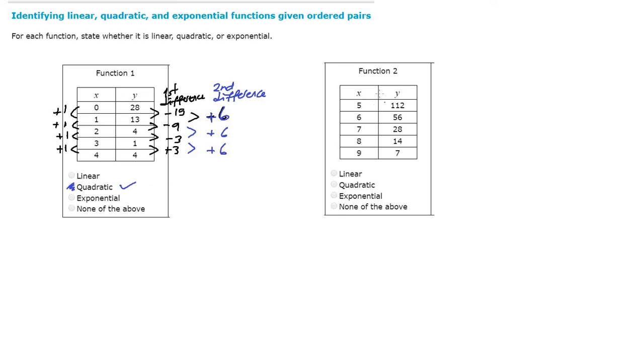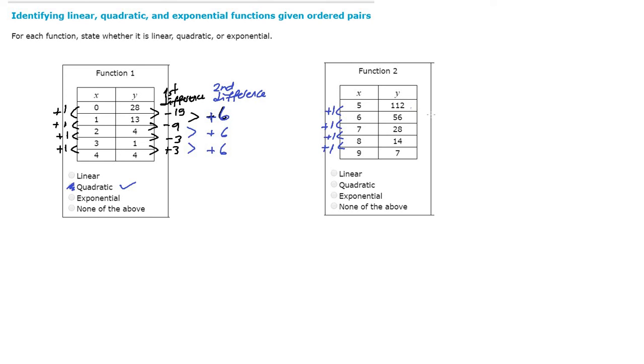Okay, so let's take a look at this second function we have here. The x values are increasing by 1, a constant increase, which is nice. But what I noticed is that the difference in the y values is not a constant value.